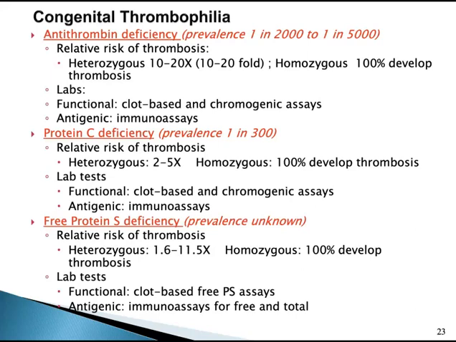And we can use clot-based assays, chromogenic, and immunoassays to determine these deficiencies. Free protein S deficiency, the prevalence is unknown. And patients have a relative risk of thrombosis as well. And again, the homozygous inheritance predisposes the patient to 100% development of thrombosis.